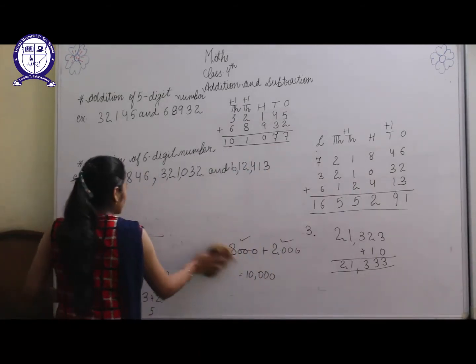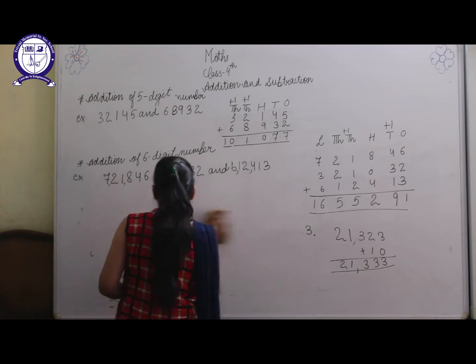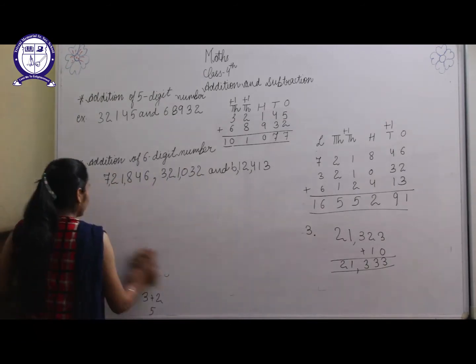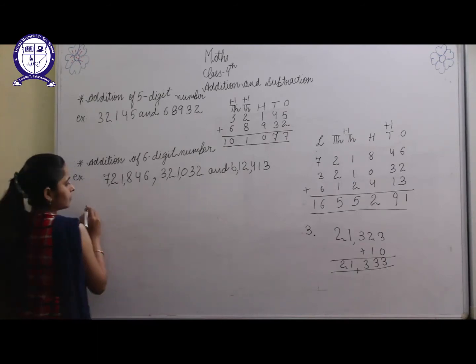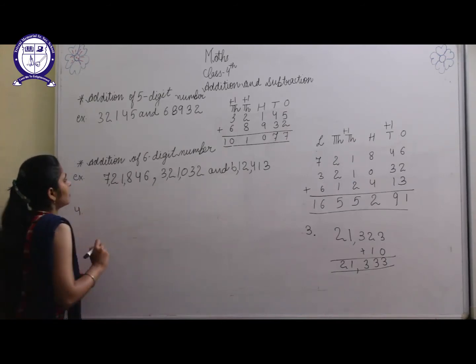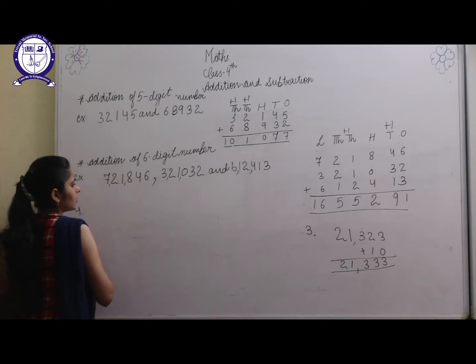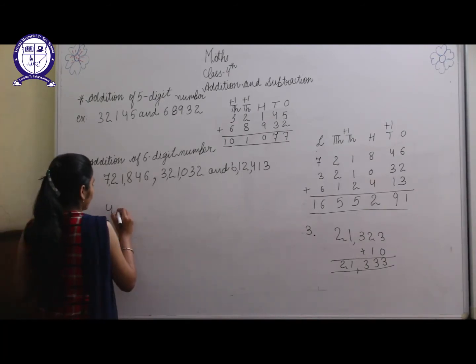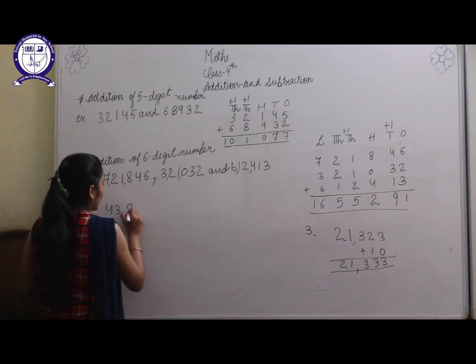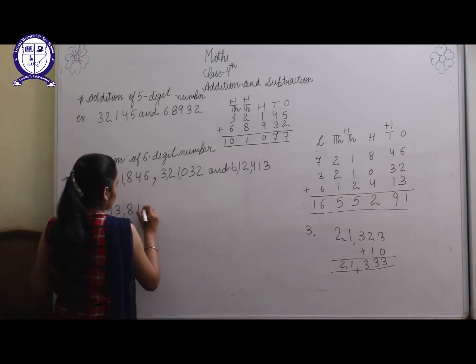So let's discuss when we add 100 to any number. When we add 100 to any number, the sum is changed from the 100 place digit. Now let's take an example. 43,812.